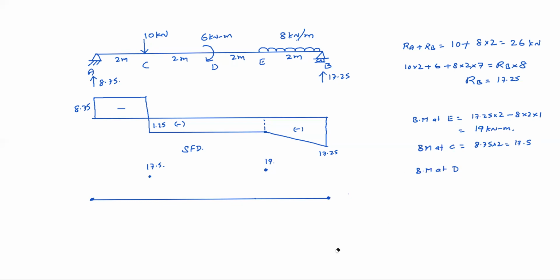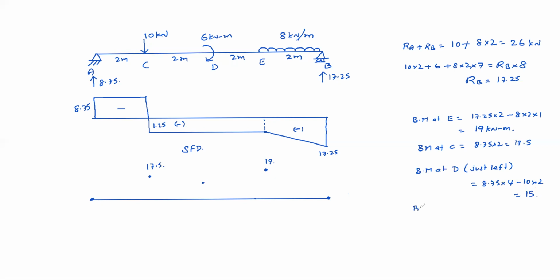At D, just left, which is equal to, that means don't consider the moment. From the left side, 8.75 into 4 minus 10 into 2. That is 35 minus 20, 15. 15 just left.